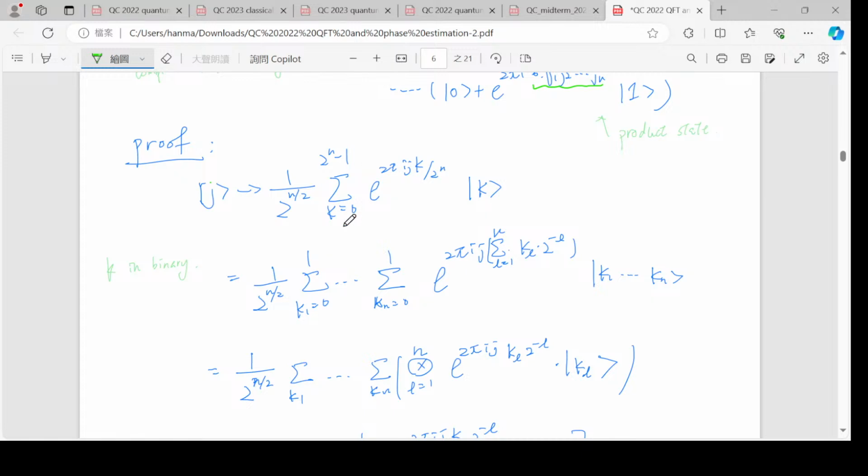And then here we are summing over all possible k, and obviously that's the same as summing over every coordinate of this binary string, each being 0 or 1. So here we have 2 to n possibilities, and we have 2 possibilities, and n of them, so this is also 2 to n possibilities. So summing over all possible k is the same as summing over all possible binary strings k1 to kn.